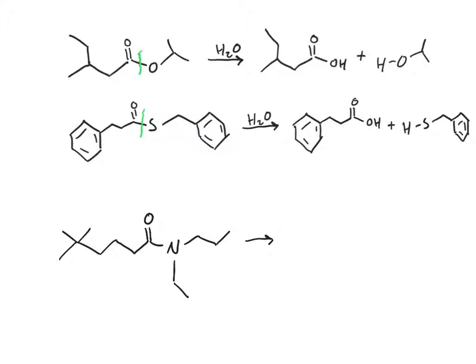For our last example, we're going to look at the hydrolysis of an amide. Again, the process is the exact same, where we're going to break our bond between our carbonyl carbon and our heteroatom, and we're going to reform our products.